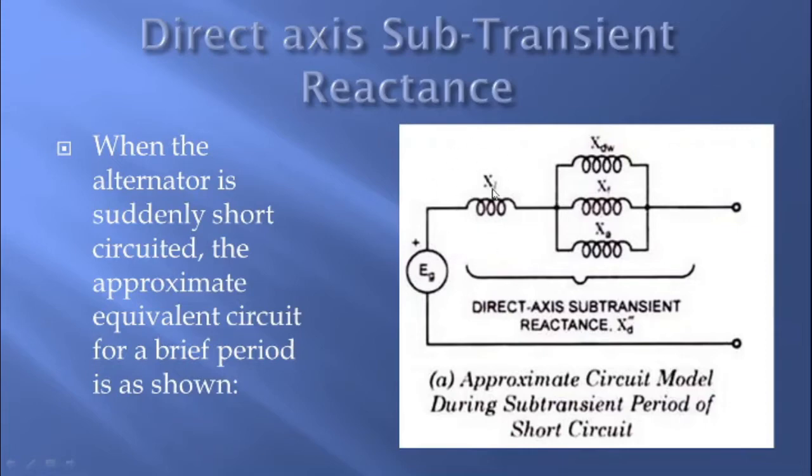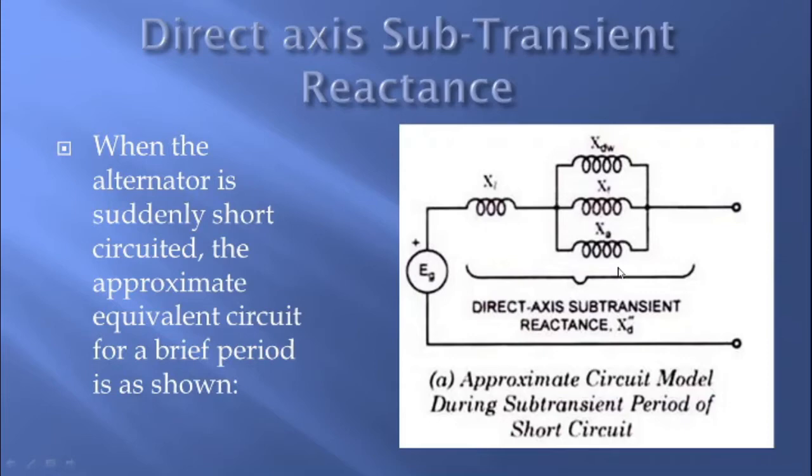But you know that with time, after a few cycles, some more reactances come into the picture: the damper winding reactance, the field winding reactance, and the armature winding reactance. These three reactances are in parallel, and the parallel combination is always connected in series with the leakage reactance.